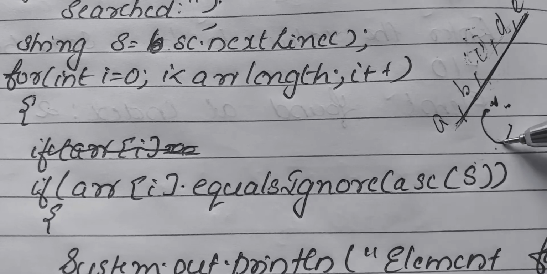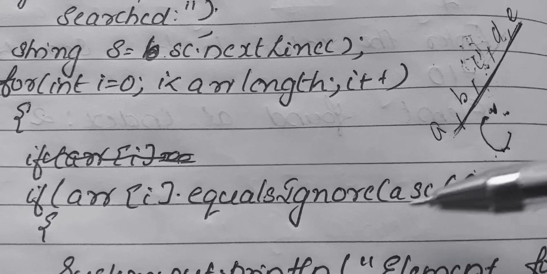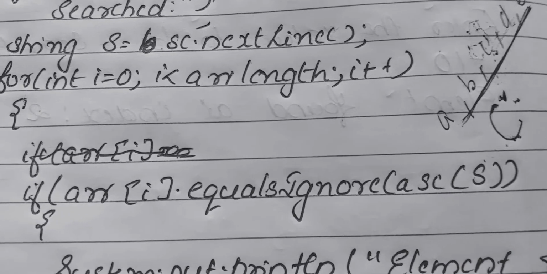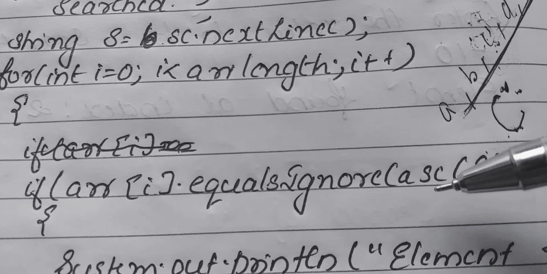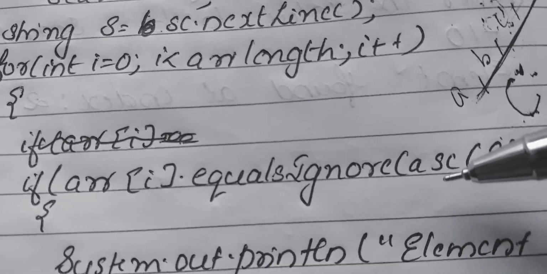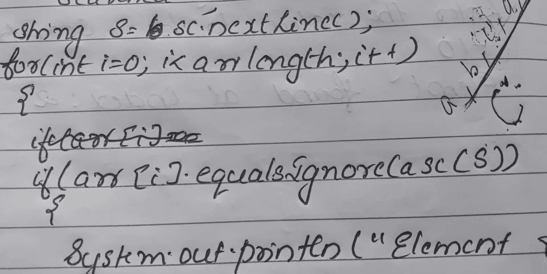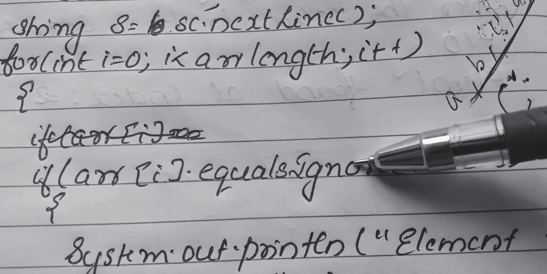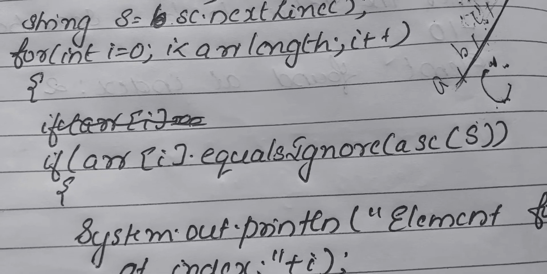If you give capital C and in the array we have small c, with equalsIgnoreCase there will be no problem. So I hope this is clear for you. That is why we are giving equalsIgnoreCase. Here equalsIgnoreCase is one word, where I and C are in capital letters.